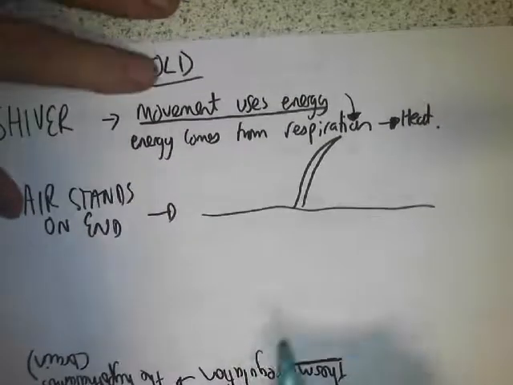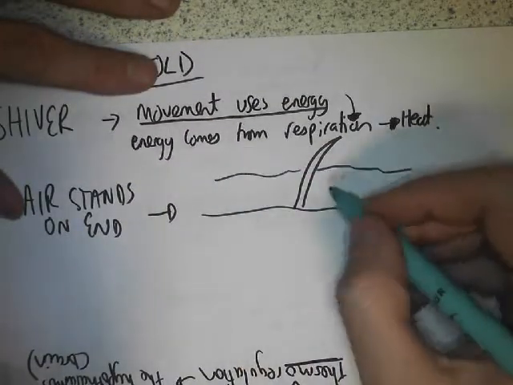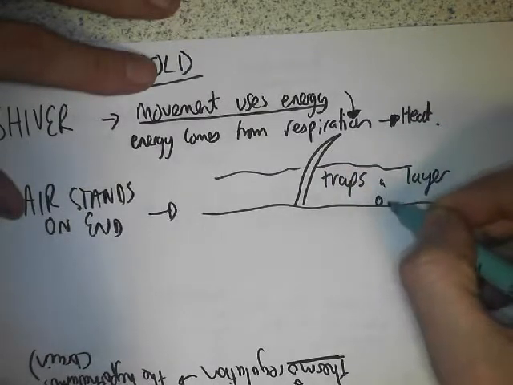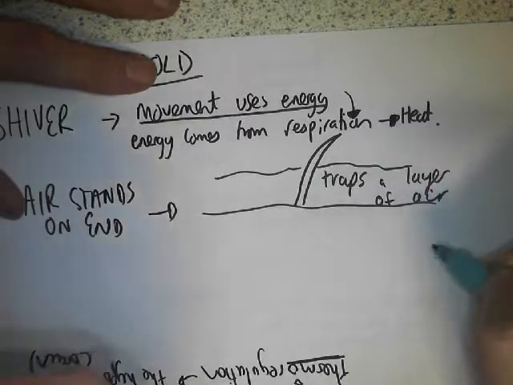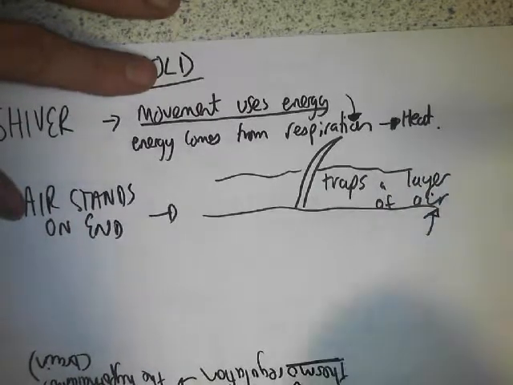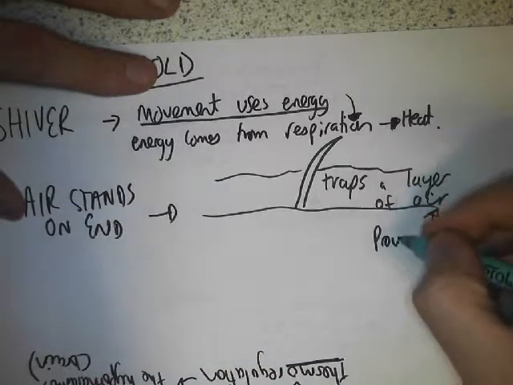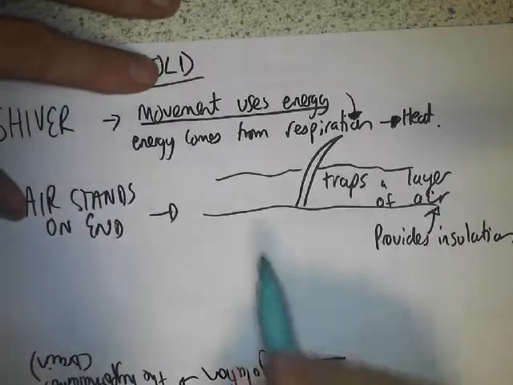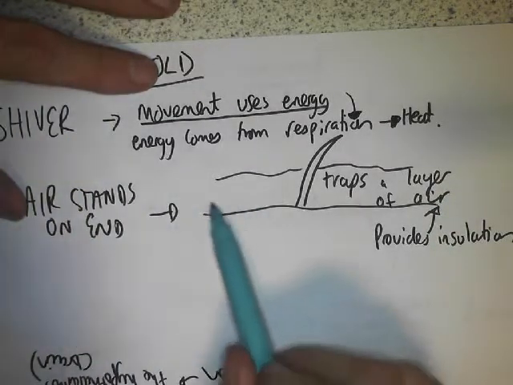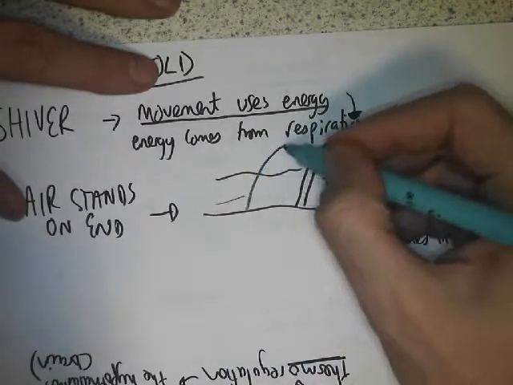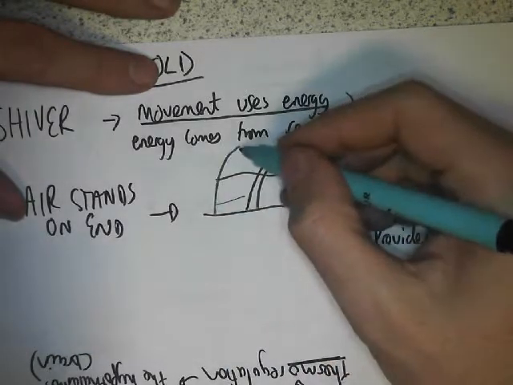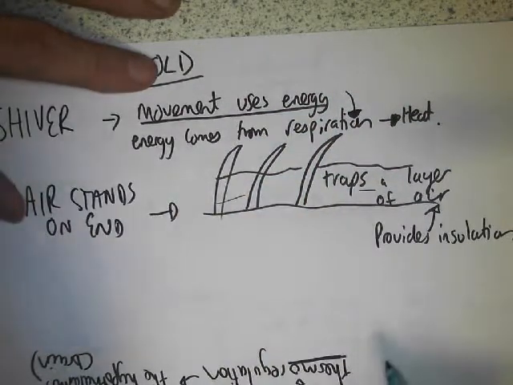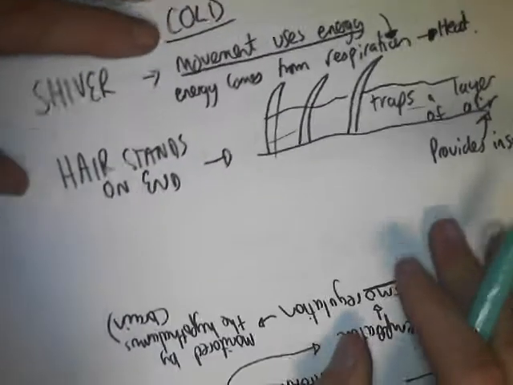And when the hair stands on end, it traps a layer of air, not heat, air, which provides insulation. So effectively you're wearing a mini jumper. It's got this layer of air being trapped. Like I say, it's not that effective as it was anymore. But if you had a very hairy mammal, like most mammals are, then that would really be effective. That layer of air would provide like a little jacket for the animal.